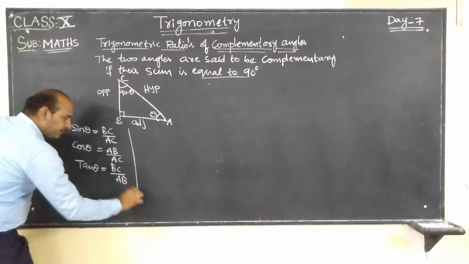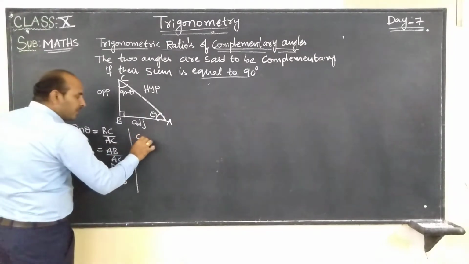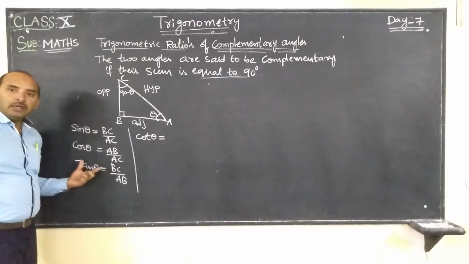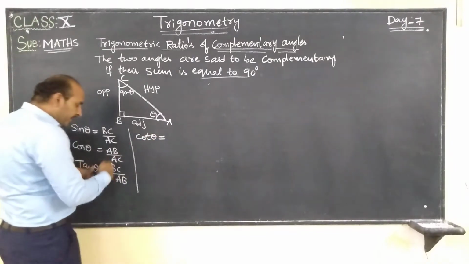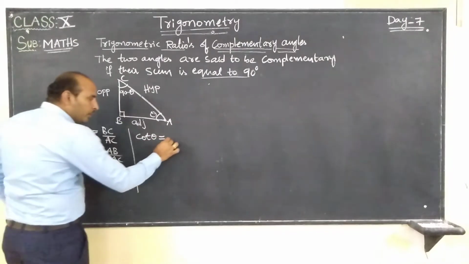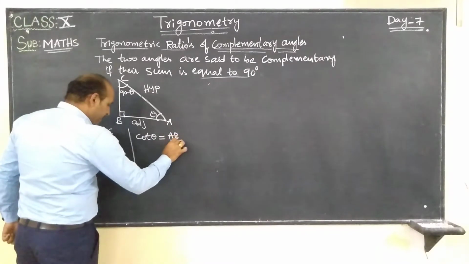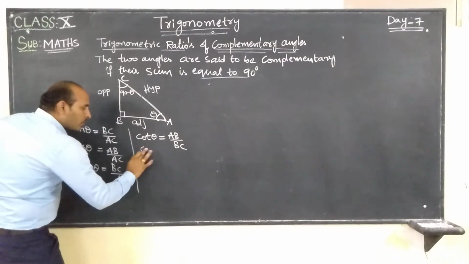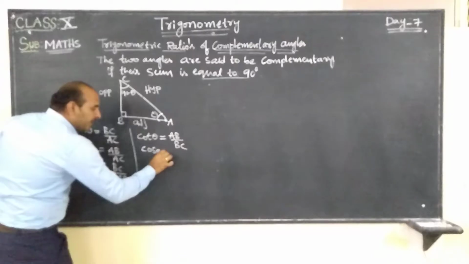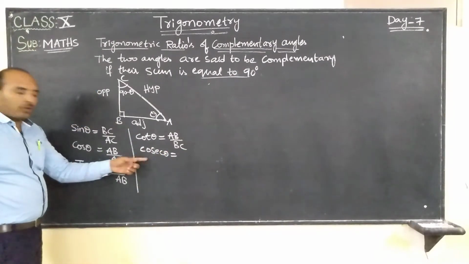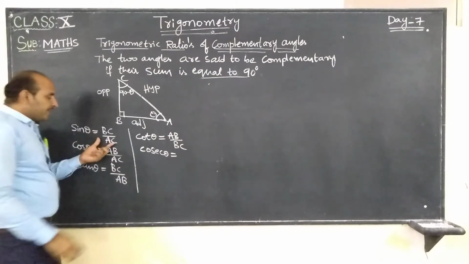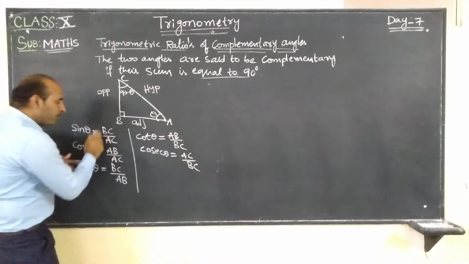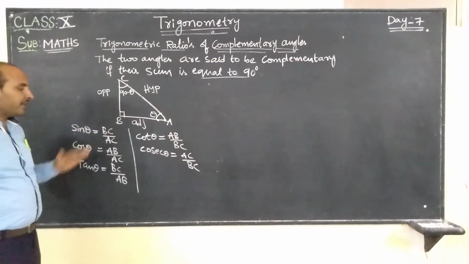So next, cot theta is the reciprocal of tan theta, 1 by tan theta. You can write it as AB divided by BC. Next, cosecant theta is the reciprocal of sine, that is AC divided by BC, interchanging the numerator and denominator.